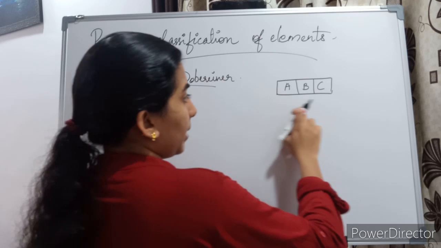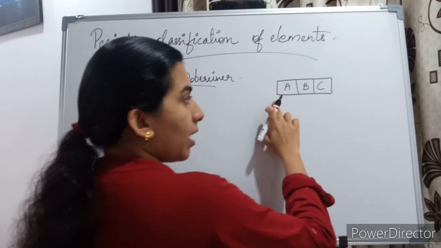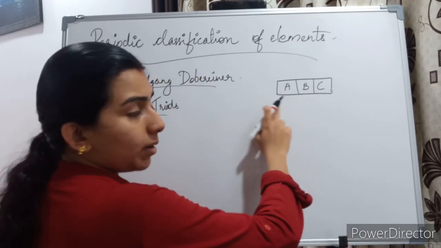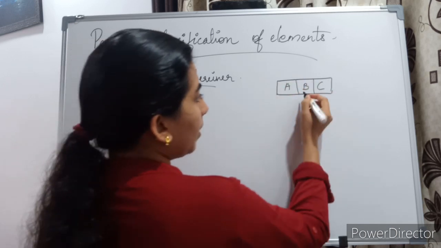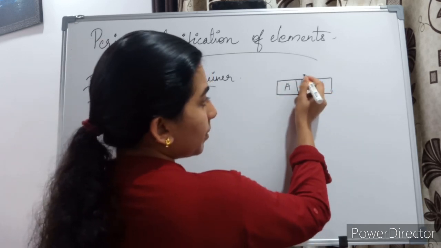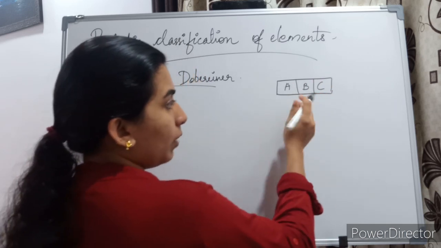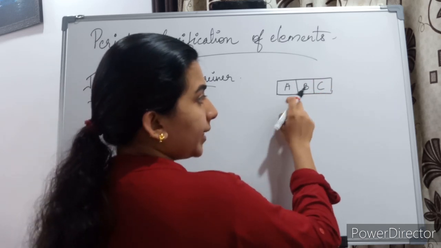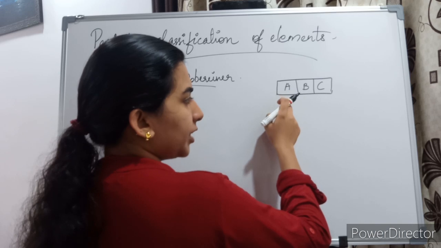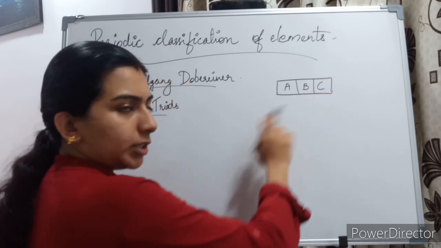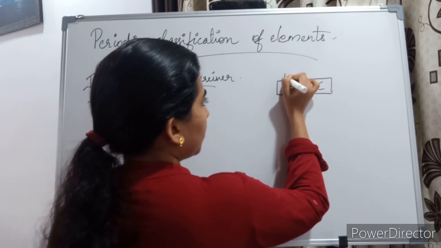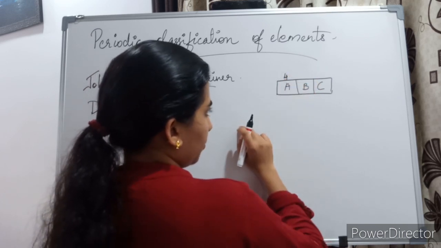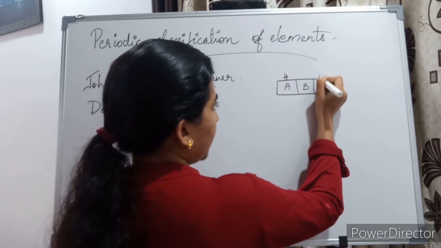Now, when three elements are arranged in a triad according to their increasing mass number, the mass number of the middle element will be approximately equal to the average of the mass numbers of the other two elements. Consider A may have atomic mass number 4, C may have 10.